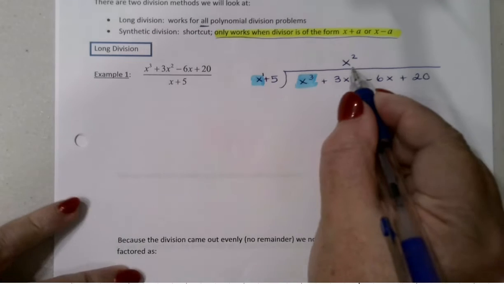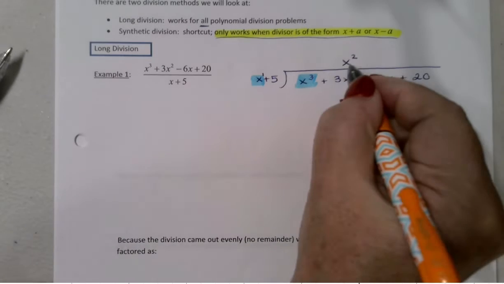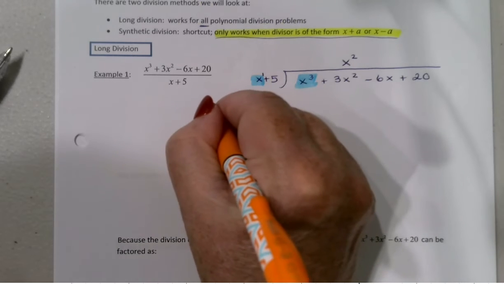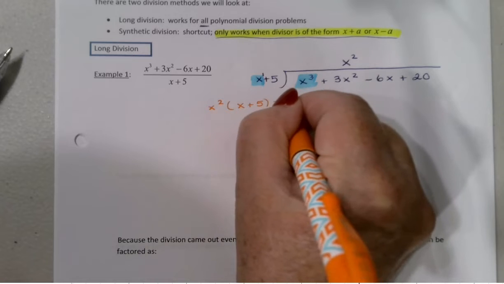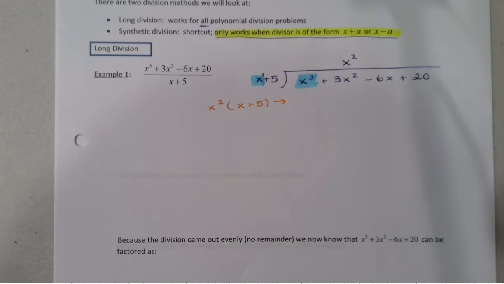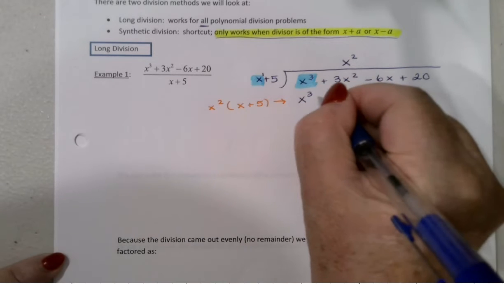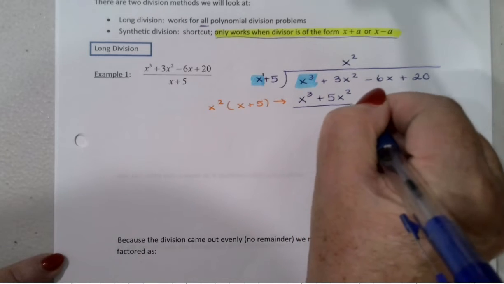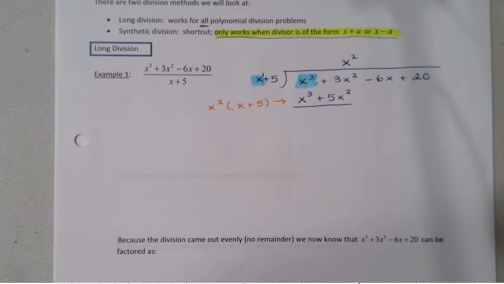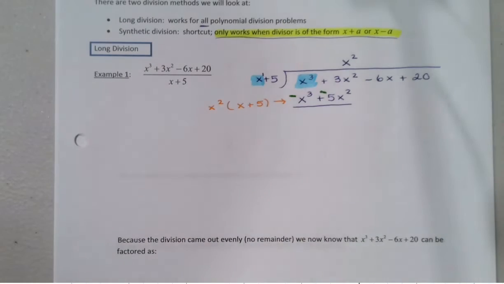All right, I'm now going to take that x squared and I'm going to multiply it by the x plus 5. So that's going to give me x to the third plus 5x squared. And then finally I subtract. So subtract those terms, subtract those terms.